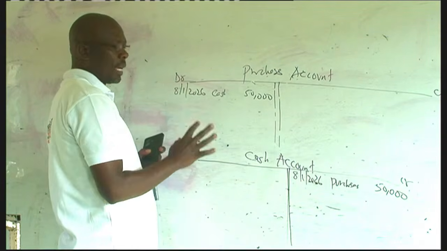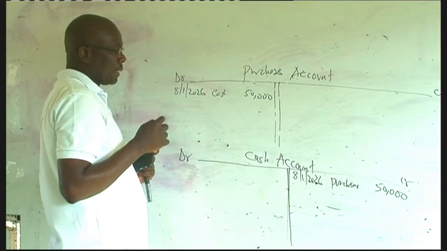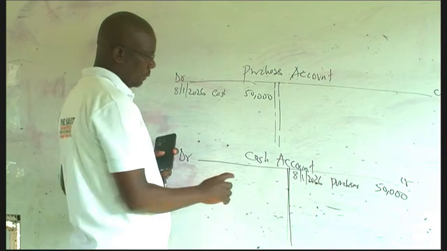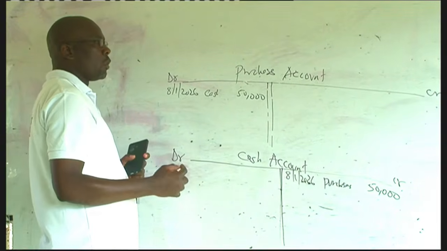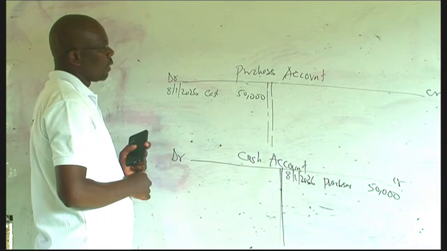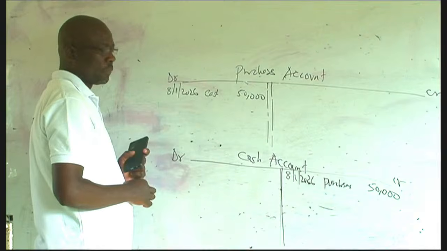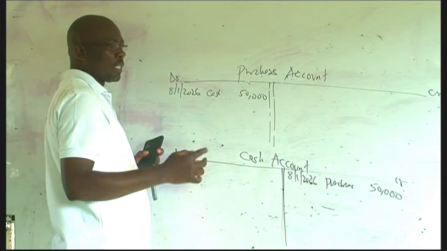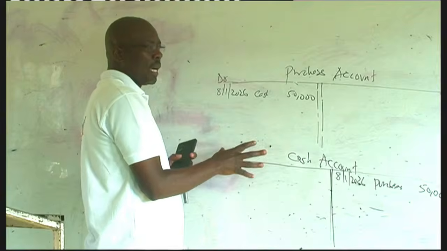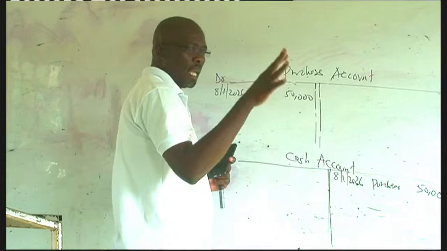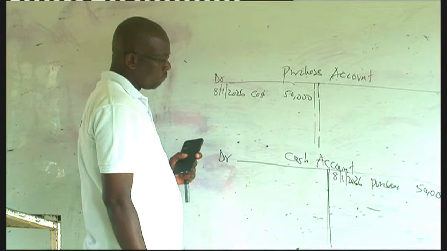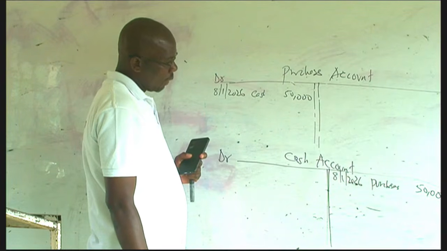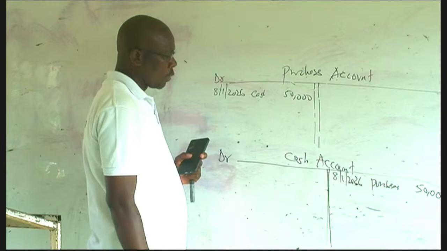We'll have the purchases account and the name of the person that we have bought the goods from, whom we call the creditor. So we'll have the purchases account and the creditors account when the goods are bought on credit.